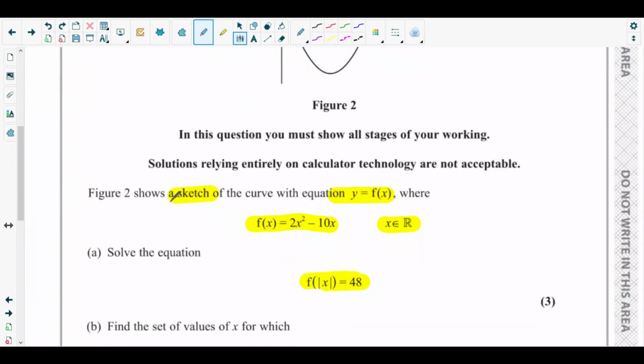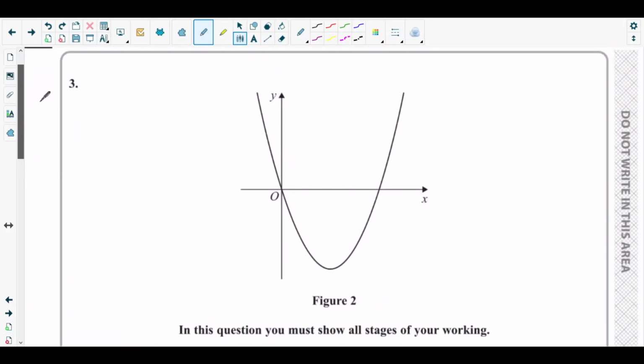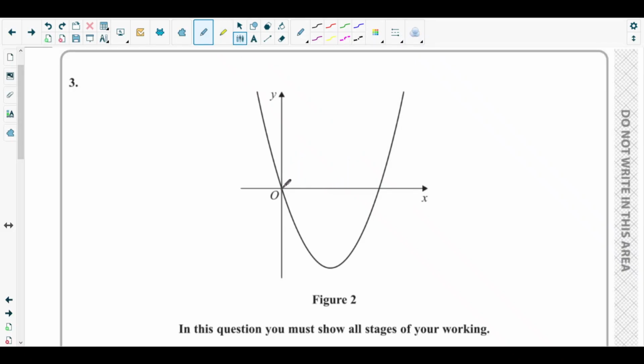If you put negative x values here, the modulus will make them positive. So in the positive x-axis, the part of the graph is as it is, but in the negative x-axis you will get the exact shape of that in the positive x-axis too, because the negative x values are getting positive, and the function will give you the range for the positive x values even for the negative x input.